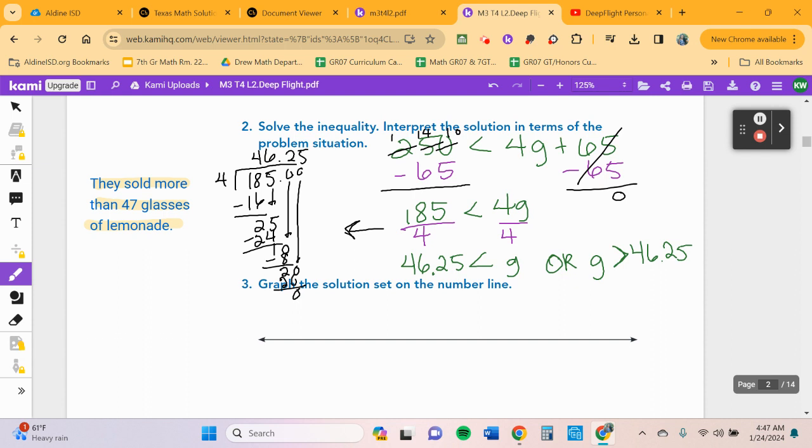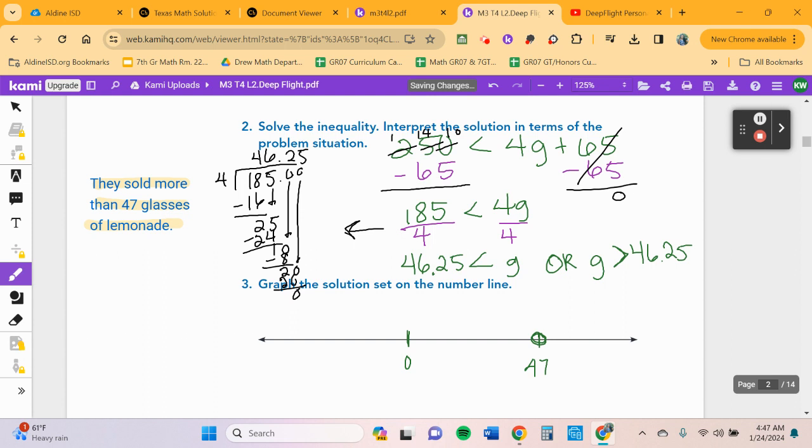Now that we understand that, we can graph the solution set on the number line. We're always going to start with 0. Then I'm going to find 47 somewhere on the number line. It does not matter where you put your number as long as it's correct in terms of the way the number line moves. We know that they sold a greater amount than 47.